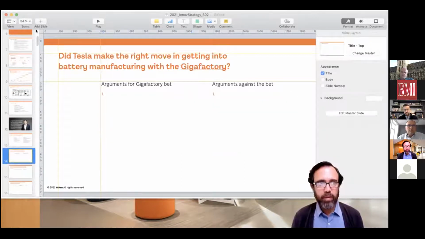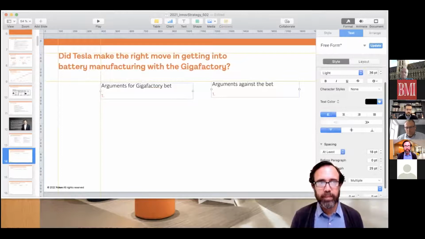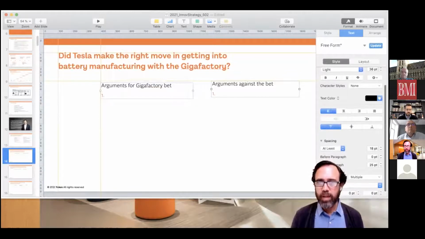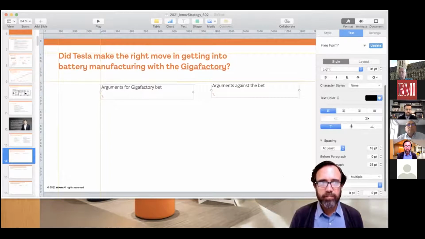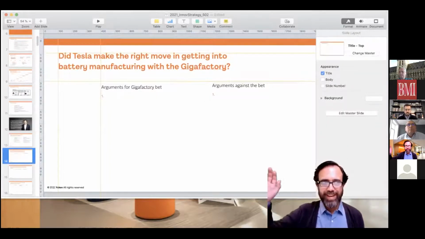Now, another question. What do you think about this? Did the Tesla people make the right move in getting into the Gigafactory or not? Who among you said yes, it was good?